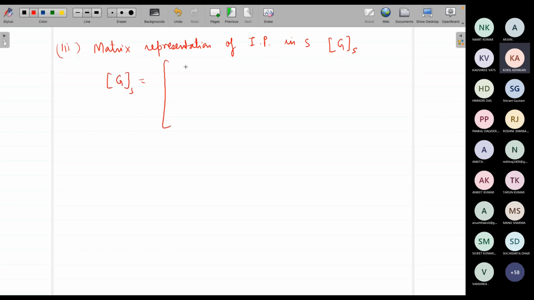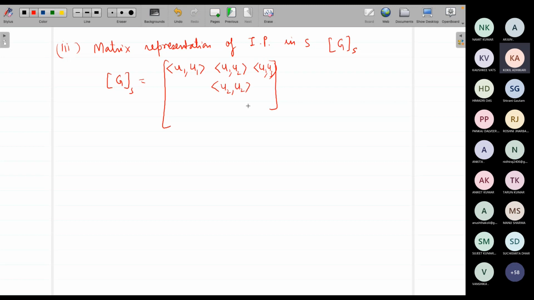So what was the inner product matrix representation? Remember, it is a matrix representation, so it is always with respect to a basis. You do not need to find out all the components. Why?